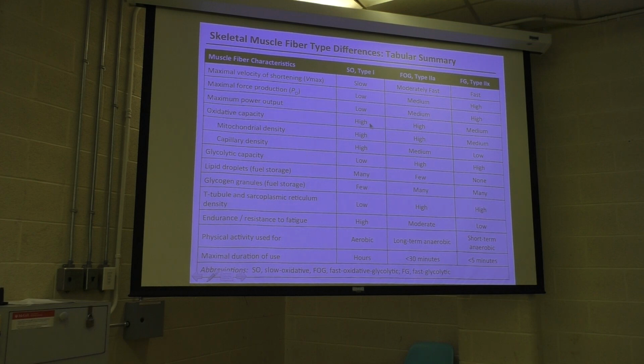Again, for type 1, you have higher oxidative capacity and lower glycolytic capacity. These fibers also have lipid droplets. An interesting fun fact: when you get older, the lipid droplets in your muscles actually start to get larger and larger. If you really leave these muscles to just stay there and atrophy, you'll actually convert entire muscle cells into fat cells.